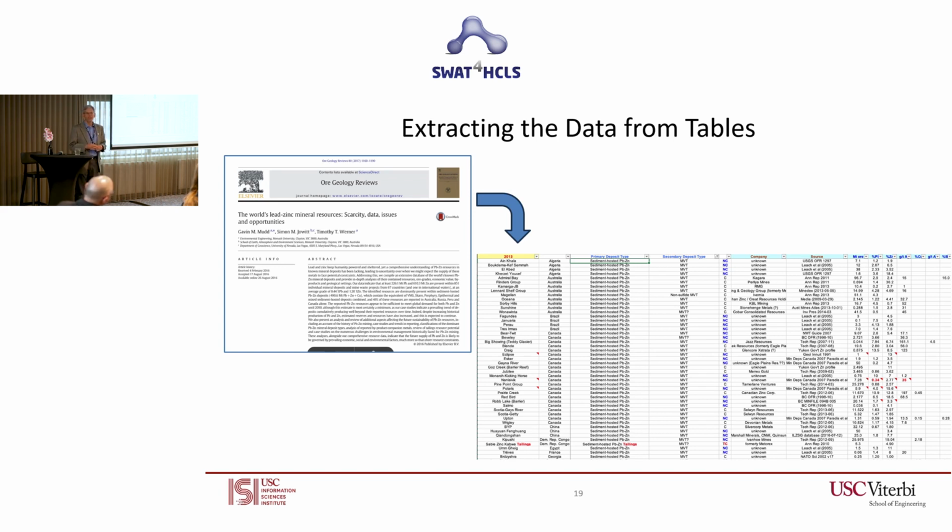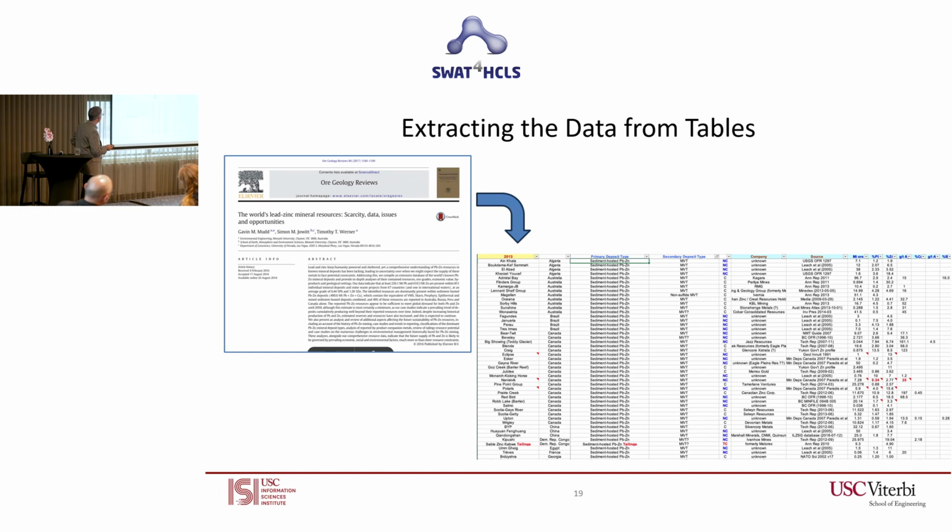Instead, they do funny things like saying, well, if this is nickel, we'll tell you what the grade is in terms of copper, and they give you some mapping to copper, and then you have to do complicated things like look up the price of copper, because they're often interested in the value of these things, and then you have to look up the price of copper at the time that report was made to figure out how to do the conversion.